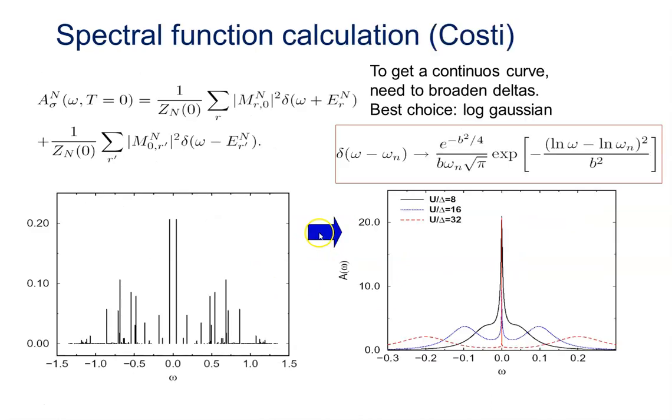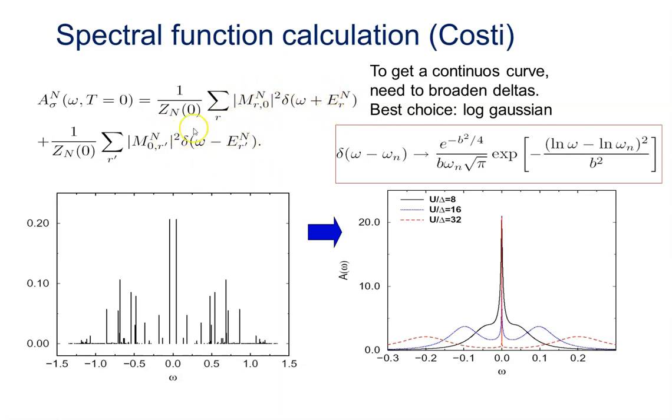All that you need is the matrix elements of the c or c dagger operators in the dot, which you can also calculate with NRG. So if you have the spectrum, you can write it in the Lehmann representation, and you get all these matrix elements and also the energies.